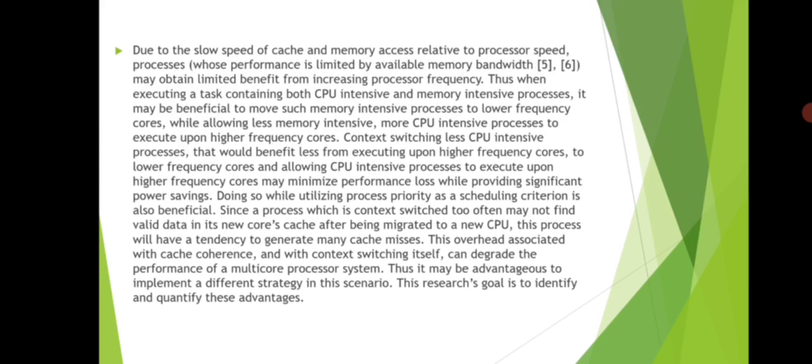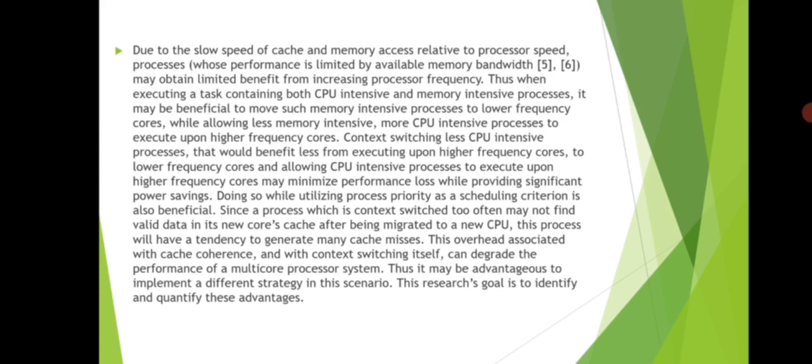Context switching less CPU intensive processes that would benefit less from executing upon higher frequency cores to lower frequency cores, and allowing CPU intensive processes to execute upon higher frequency cores, may minimize the performance loss while providing significant power saving.